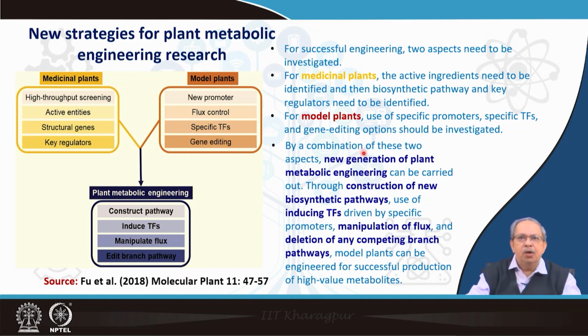By a combination of these two aspects, the new generation of metabolic engineering can be carried out through the construction of new biosynthetic pathways and use of transcription factors, driven by specific promoters, manipulation of the flux, and even, if required, the deletion of competing branching pathways. As a result, modern plants can be re-engineered for successful production of high value metabolites.